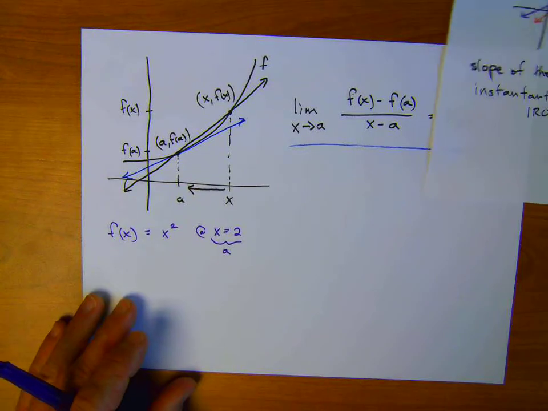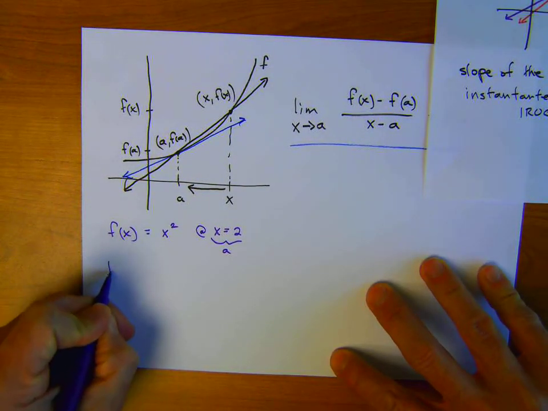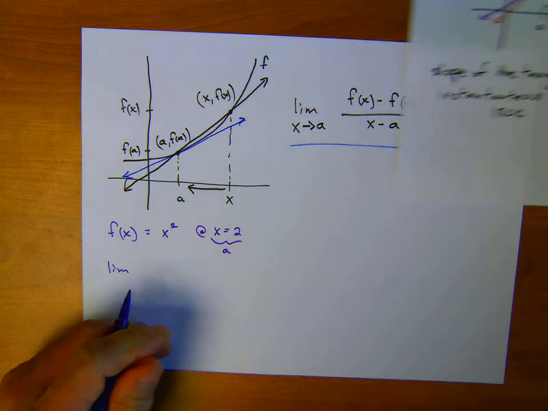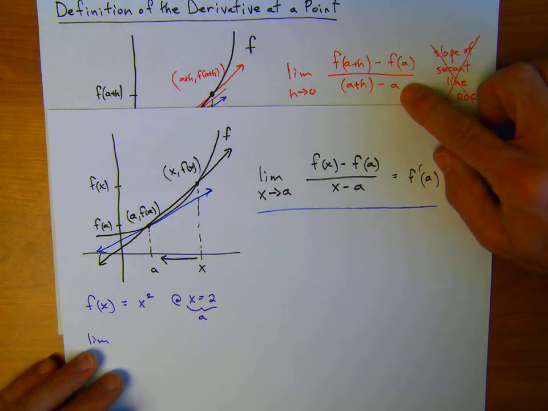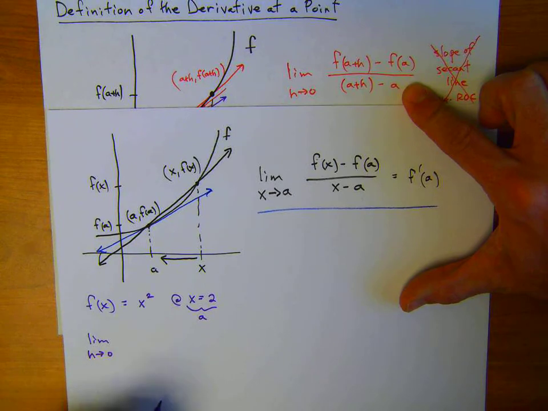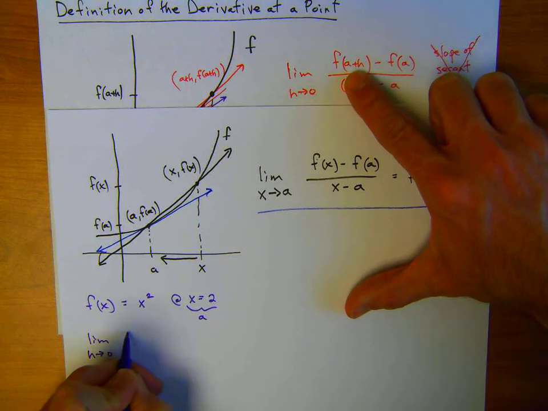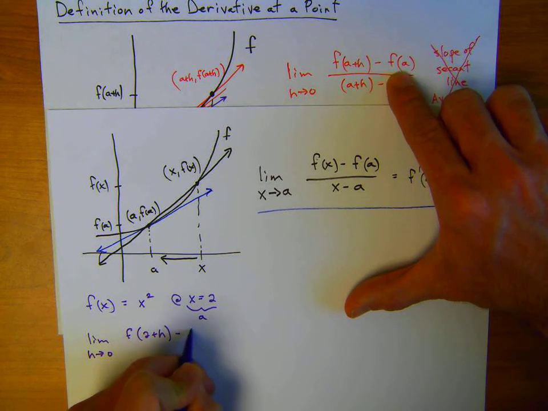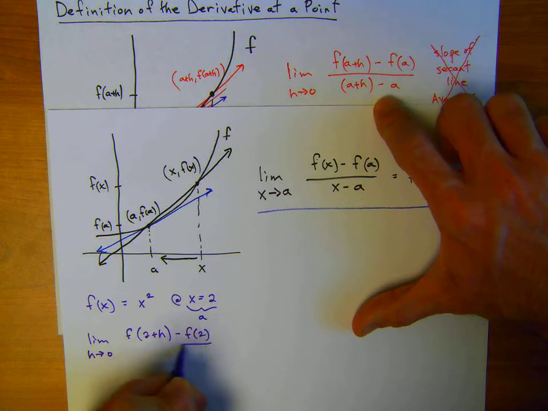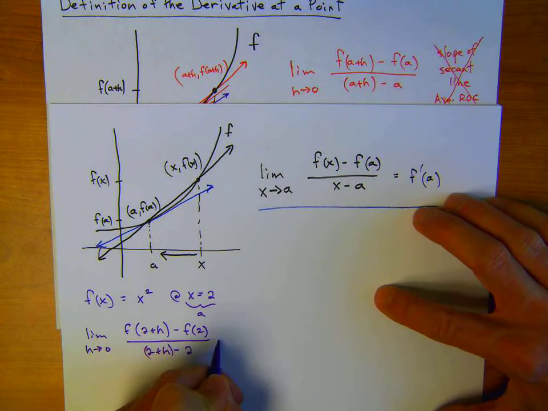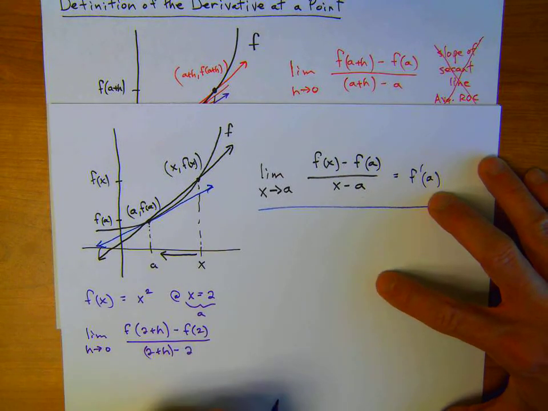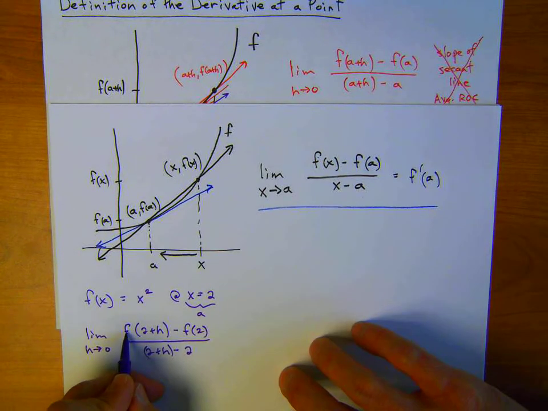If I write this out, I'm going to have the limit, and let's just borrow the formula here so you can see where I'm plugging things in. I'm taking the limit as h goes to 0 of f of a, which is 2, so that's f of 2 plus h, minus f of 2, because that's our a, over 2 plus h minus 2. We can simplify that. In the denominator, we're just left with h, but f is x squared.